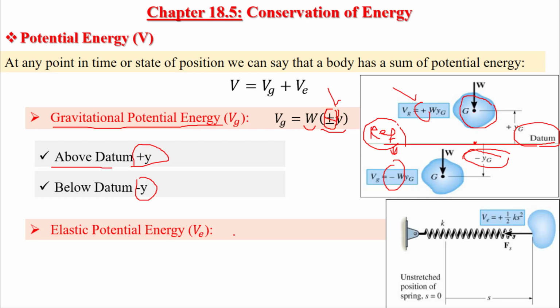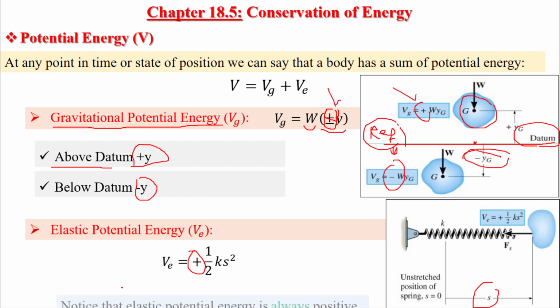Elastic potential energy. If you stretch this spring and you move your rigid body a distance s, then the elastic potential energy will always be positive. Why? Because this energy will store elastic potential energy.